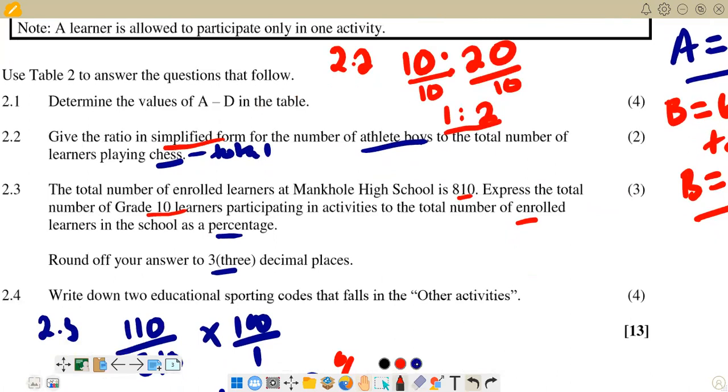We are now on 2.4. We can have debates as one of them. And also we can put Maths Olympiad as another activity that we can include in other activities.